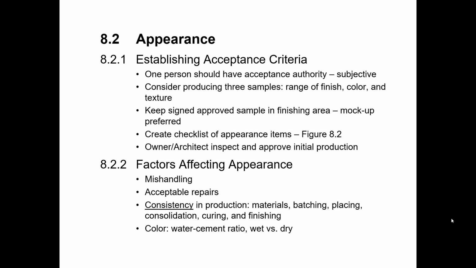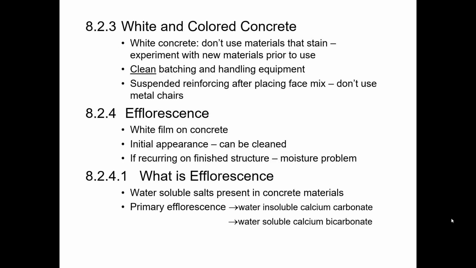I can't believe this is so much lighter. So they need to understand, as I think you would hope most people do, that when concrete's wet, it looks darker. But my point is that the water cement ratio can have an effect, as well as the environmental conditions of the panel.